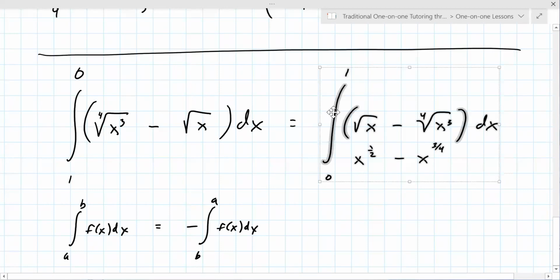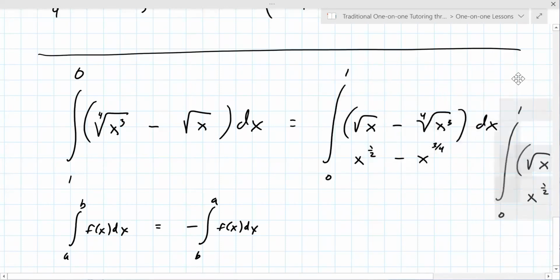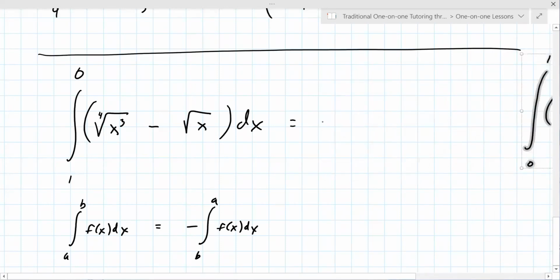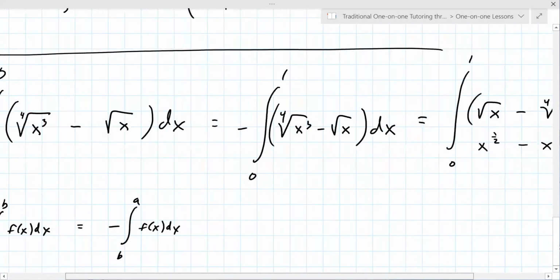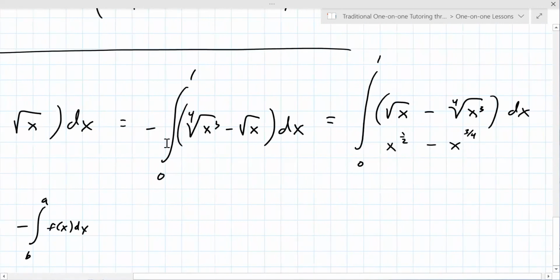There's an intermediate step here. The intermediate step is negative integral 0 to 1 of the 4th root of x cubed minus the square root of x dx. Then you distribute that negative to both of these. So the 4th root of x cubed is negative, and the square root of x is positive. Why don't you leave it in the order that it's in?